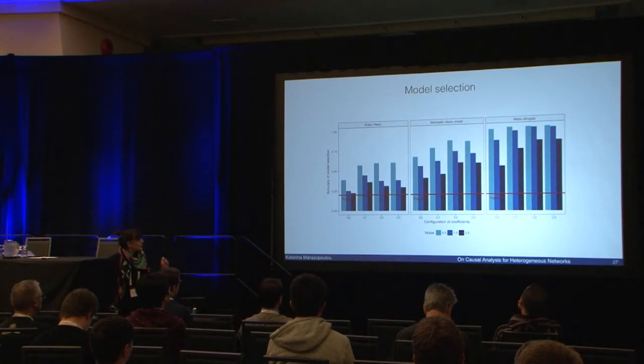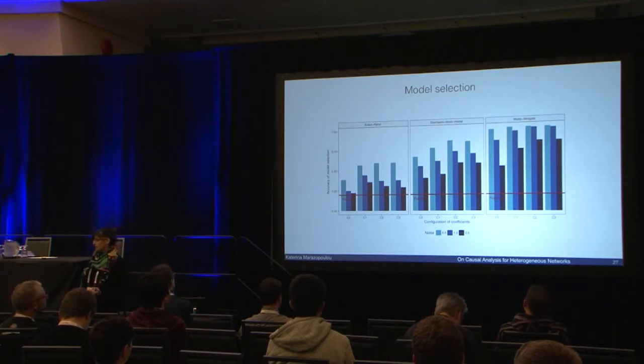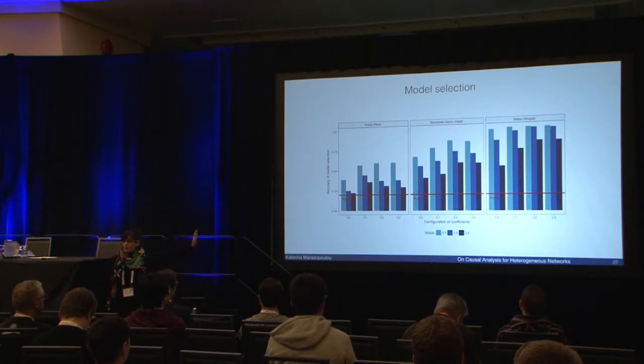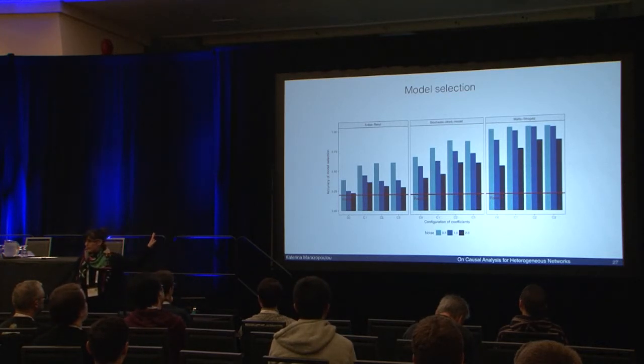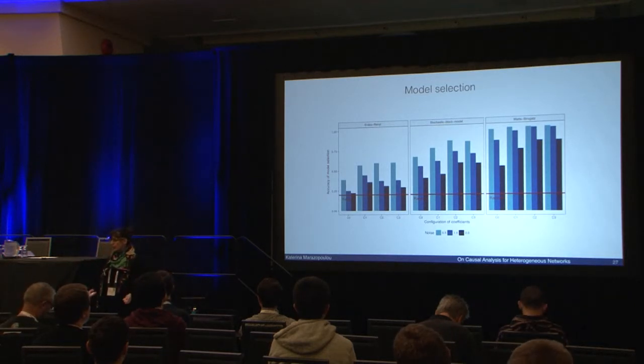And we notice that the accuracy does depend on the topology of the network. So it's doing better for graphs generated with the Watts-Strogatz model, so small world networks. And it's doing worse for random graphs generated with the Erdos-Renyi model. It does depend on the noise, which is to be expected.